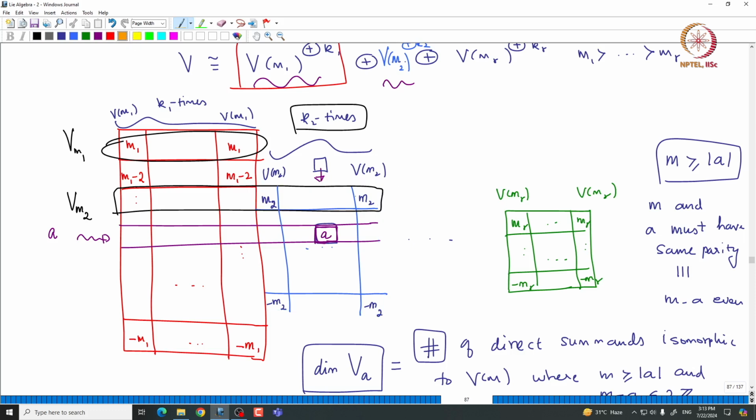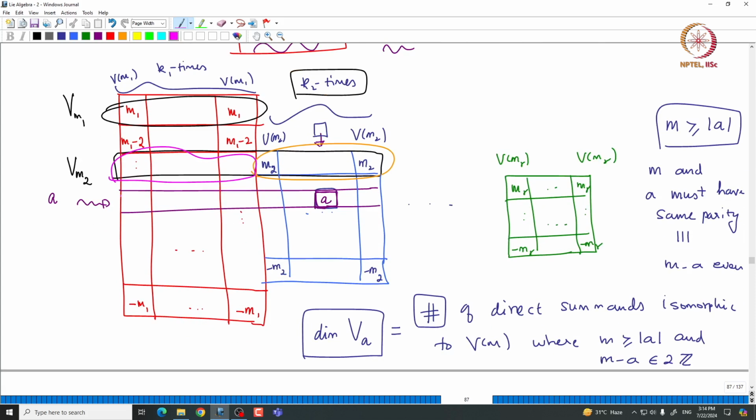So, this is what contributes to the copies of Vm2, but there are some extra dimensions coming from this. Some part of this is giving something extra.